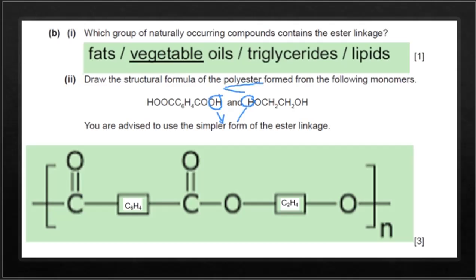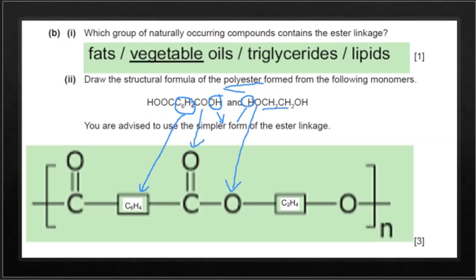So we'll end up with a structure. This C6H4 is added there. And then the C double bond O from this is this structure here. The oxygen from this structure is there.